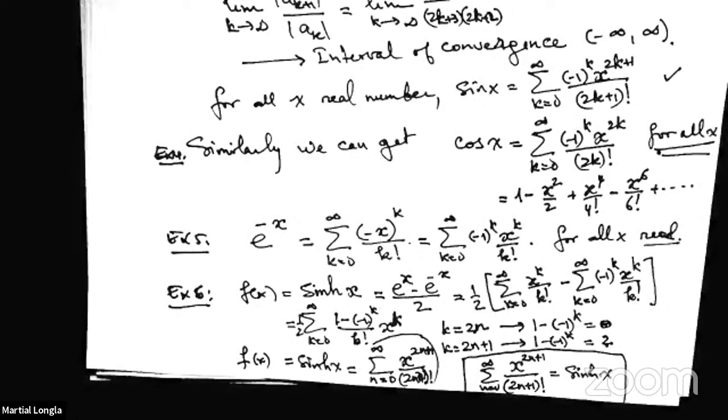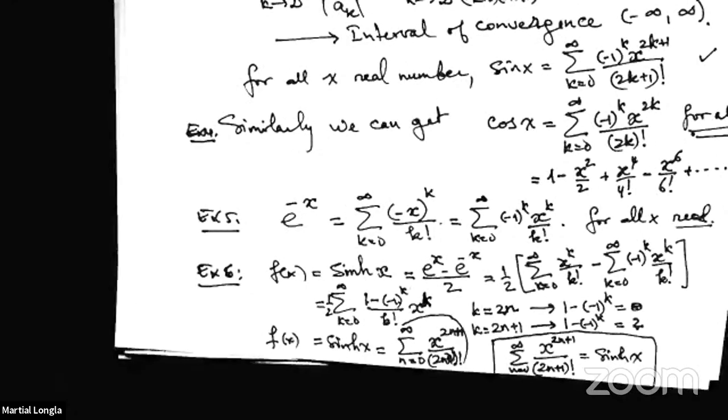All right. So this is how you can work with power series. You can add them, you can combine them when they have the same powers, you can add the coefficients. And the same way we can find cosine hyperbolic of x.